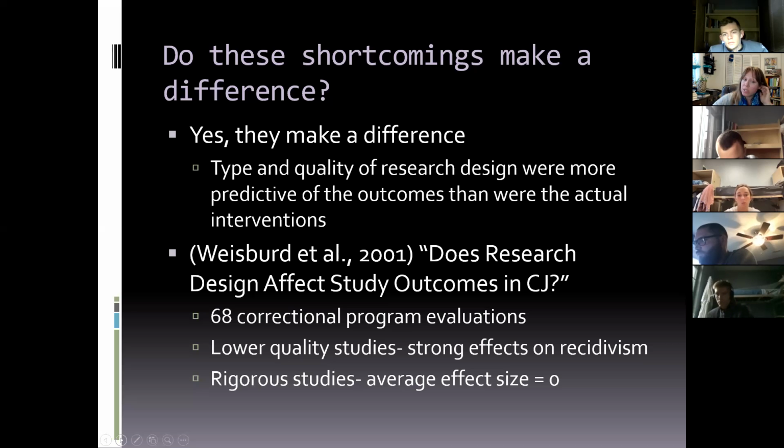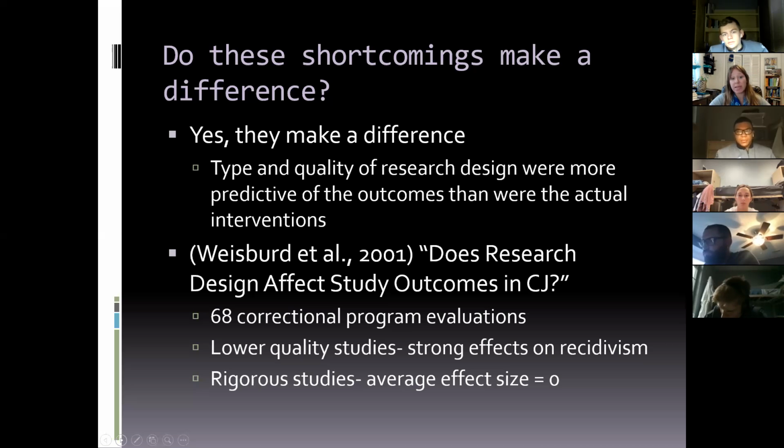So the next question is, why does this matter? And it's very simple. Who pays for correction-based rehabilitation programs? Would it be the state? Well, who's giving the state the money? The taxpayers. Yeah. So we don't want to be wasting money on programs that aren't effective, right?